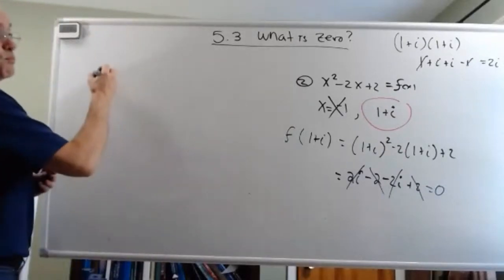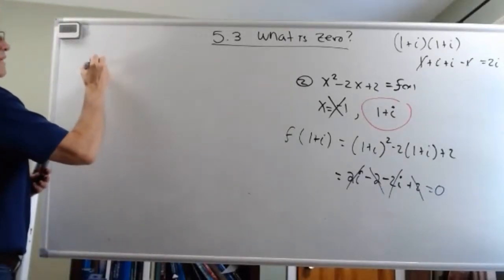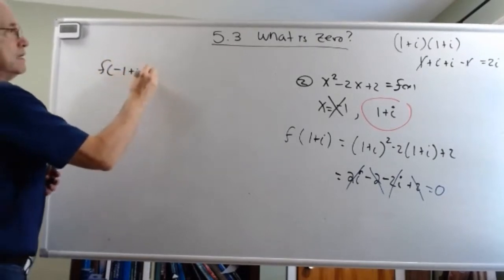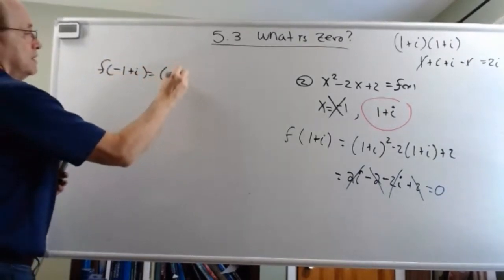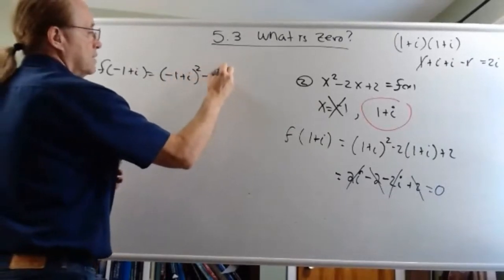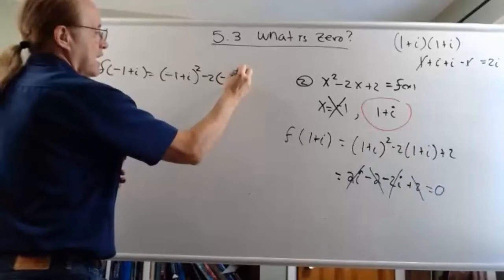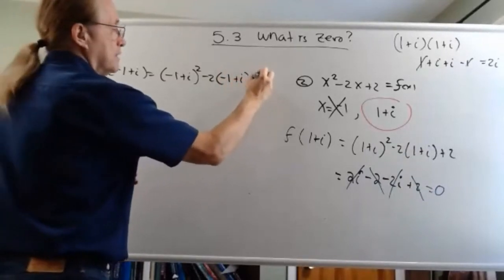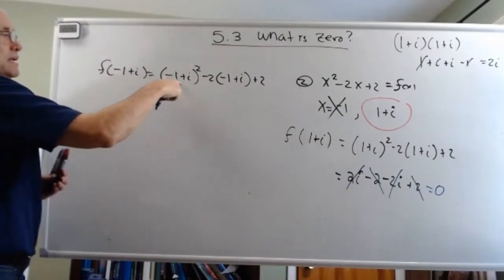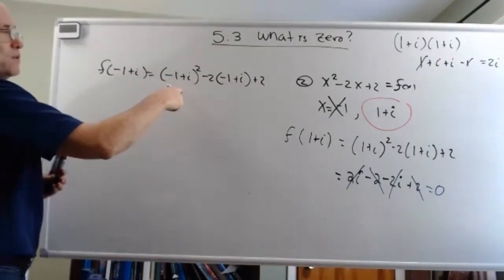So if I did put in -1 plus I, then my f of -1 plus I would give me -1 plus I squared minus 2 times -1 plus I plus 2. This is going to give me a -2I over here.